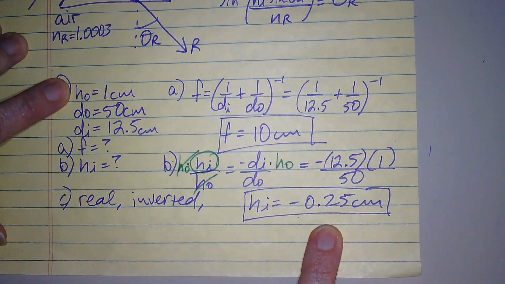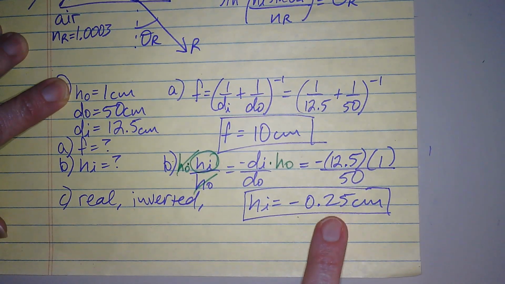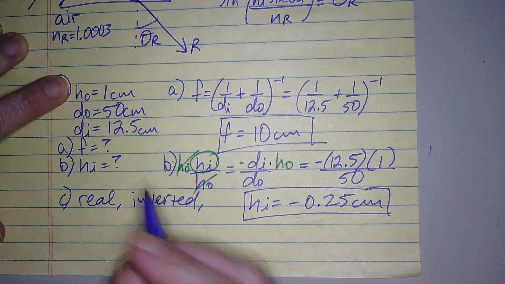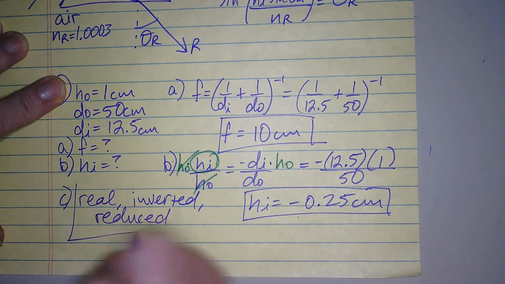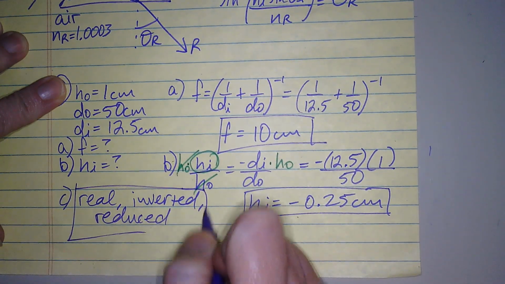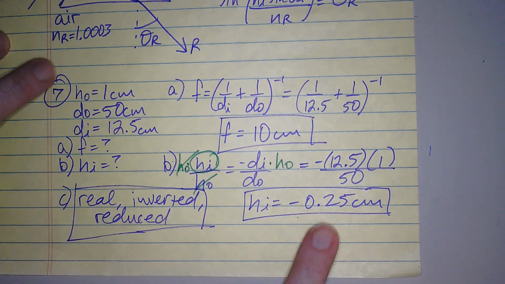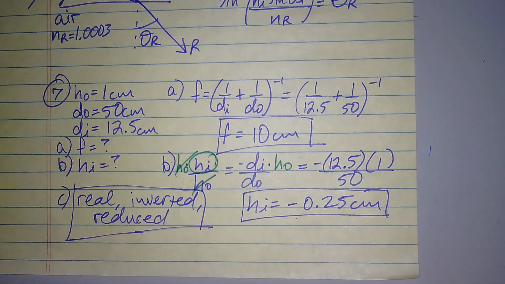The HO is 1 centimeter. The HI is 1/4 of a centimeter. Since the image is significantly smaller than the actual object, this is reduced. So I got most of that: I got two of these just from the sign on the HI, and I got how big it is just by comparing the height of the object and the image, and that's all.